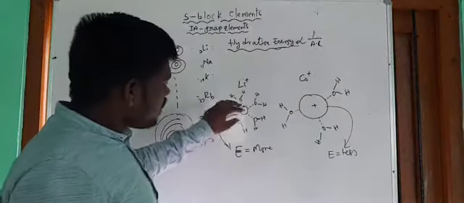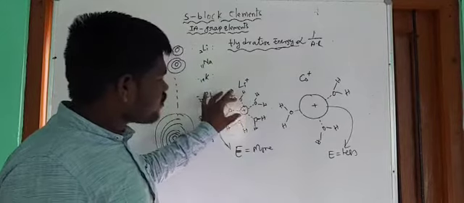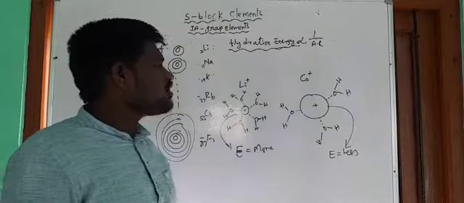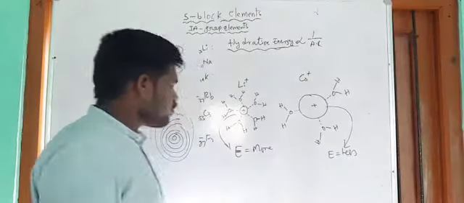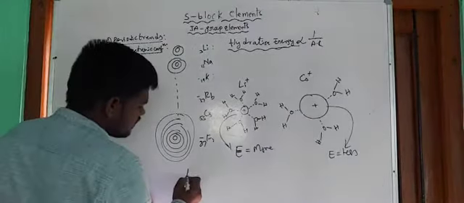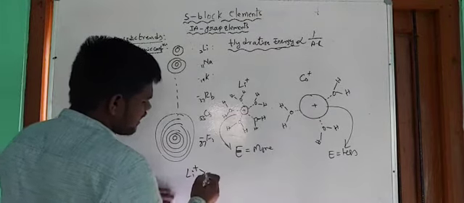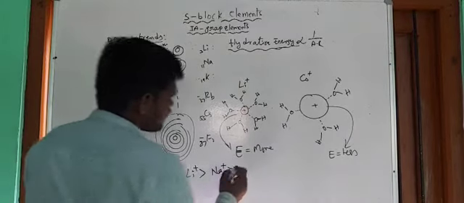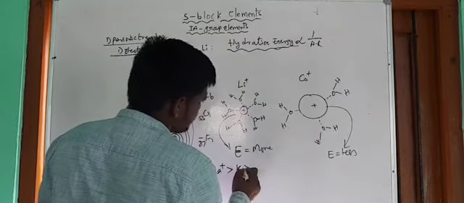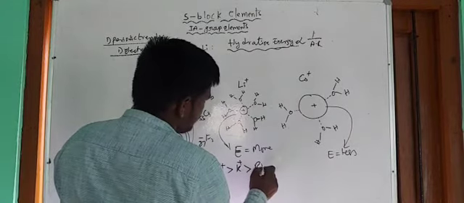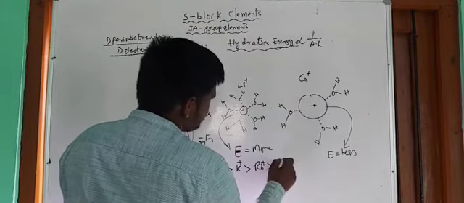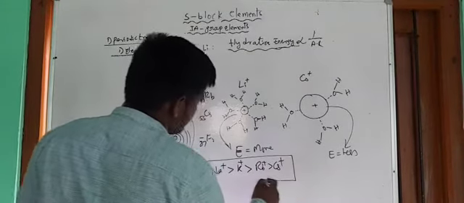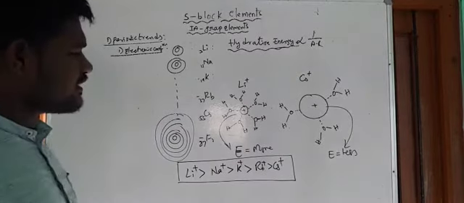So the ion with small size shows a higher hydration energy value compared to the ion with larger size. Now we can write the order like this: lithium ion has more hydration energy than sodium ion, sodium ion more than potassium ion, then rubidium ion and cesium ion. This is the order of hydration energy from lithium ion to cesium ion.